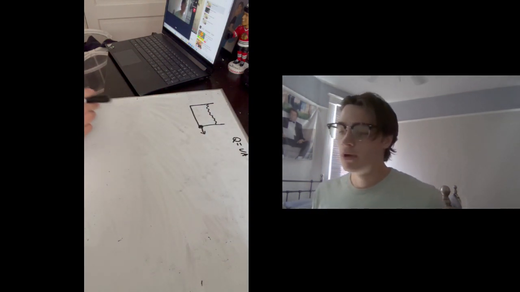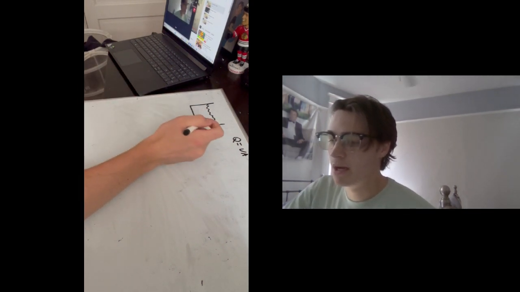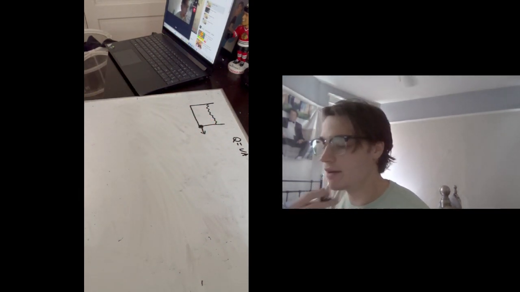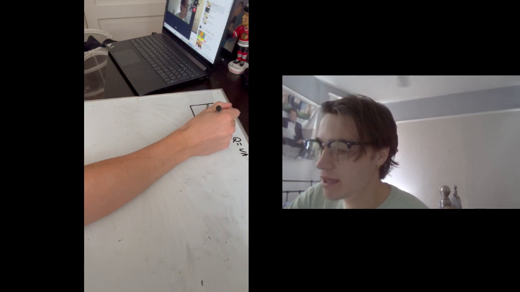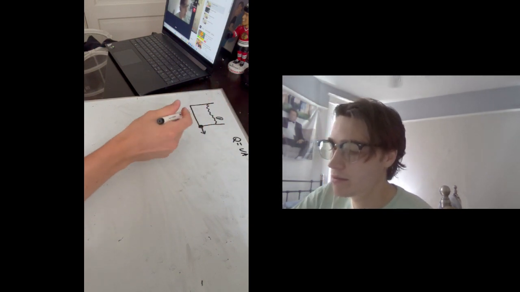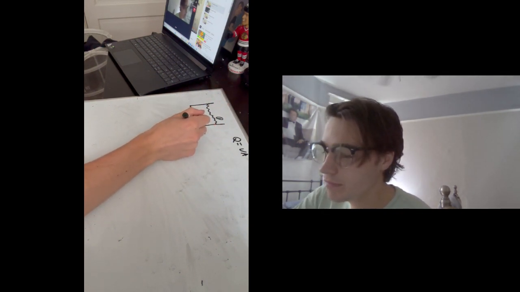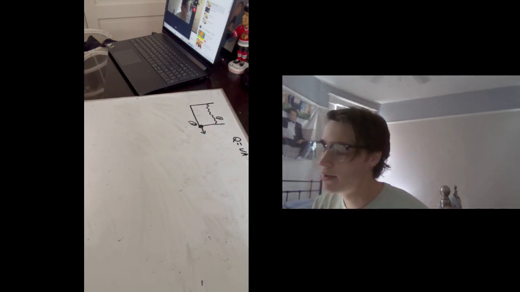So what we want to do is look at this problem and start identifying some of the variables that we have. At the top, we can just say that is our start, which is our 1, and at the bottom it'll be our 2.